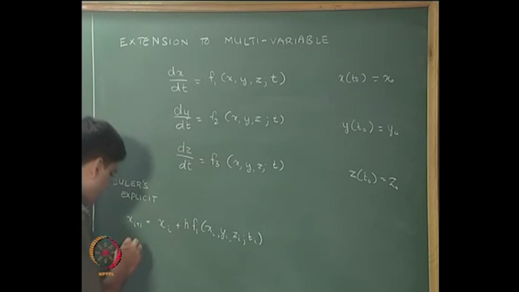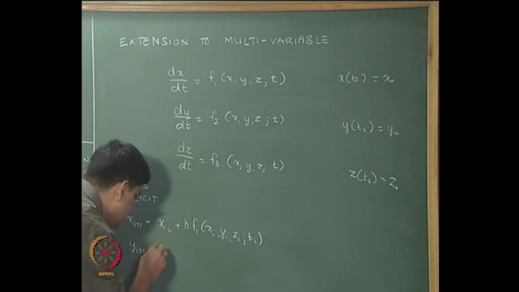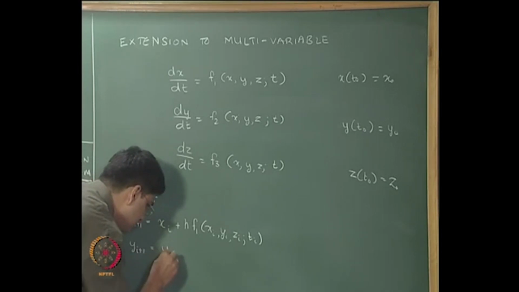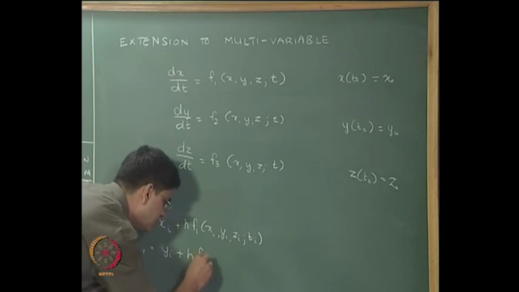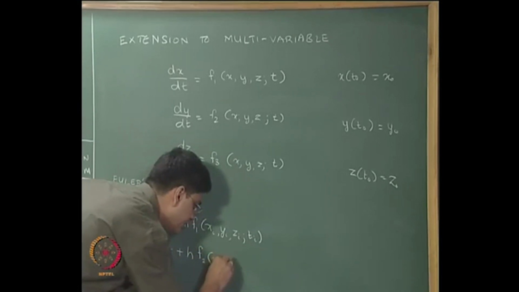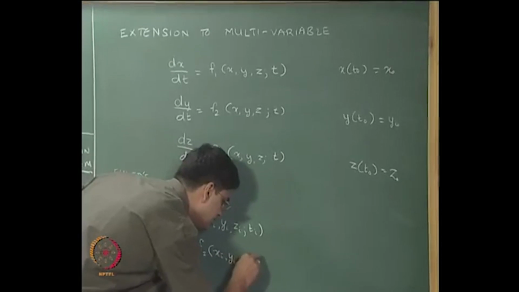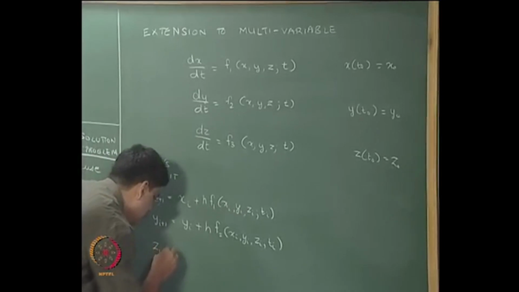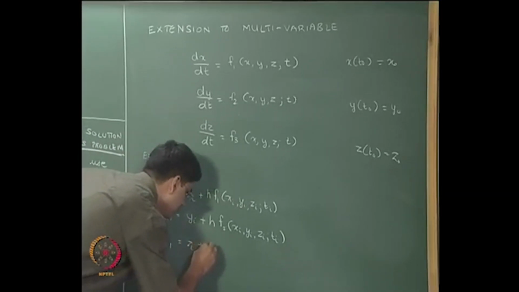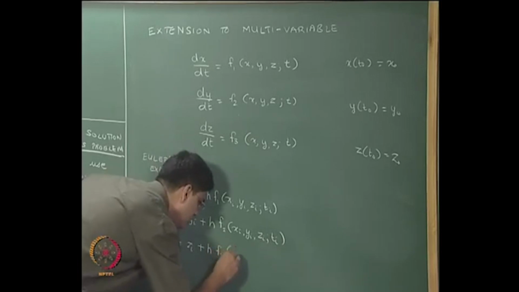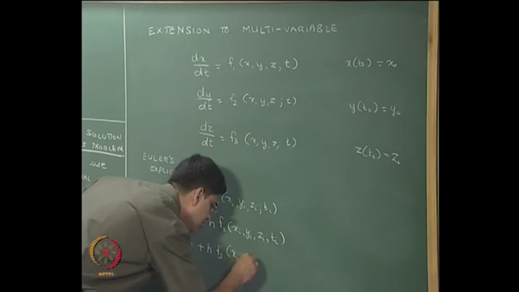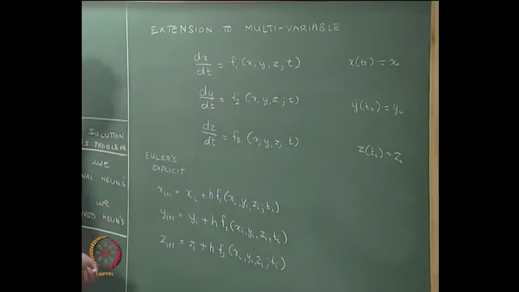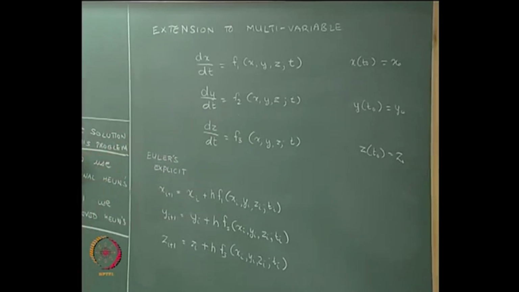Likewise, we can write for yi plus 1 as well, yi plus 1 equal to yi plus h times f2 of xi, yi, zi, ti, and zi plus 1 equal to zi plus h times f3 of xi, yi, zi, ti. Okay. So, this is the overall expression that we get.